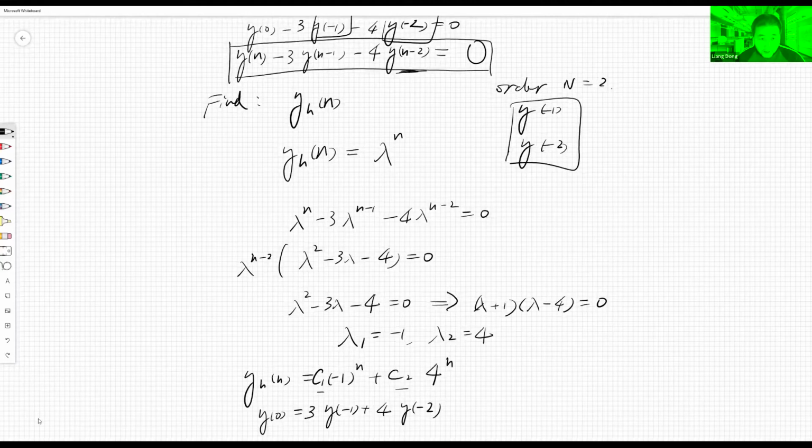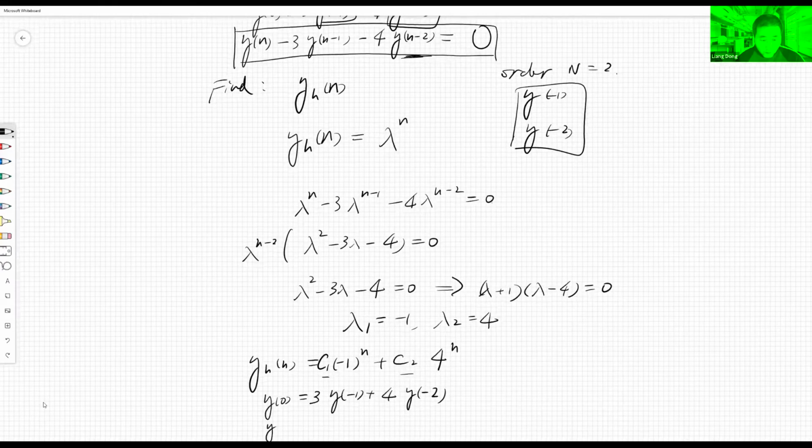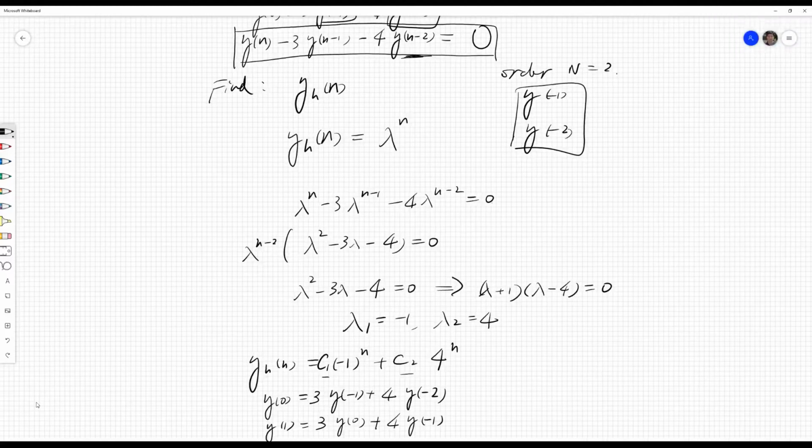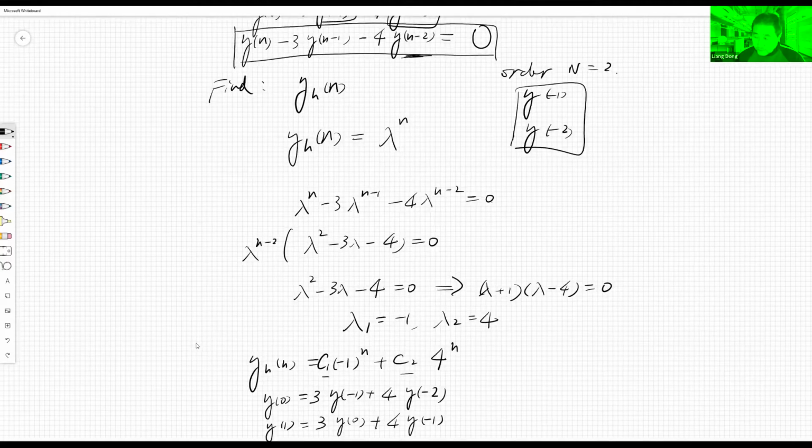And I also have at time 1, y[1] equal to 3y[0] plus 4y[-1], according to the original difference equation. And you can continue to write this for y[2], y[3], y[4] in this iterative manner. But we only want to solve for two unknowns, so we stop at those two difference equations, at particular times n equal to 0, n equal to 1.